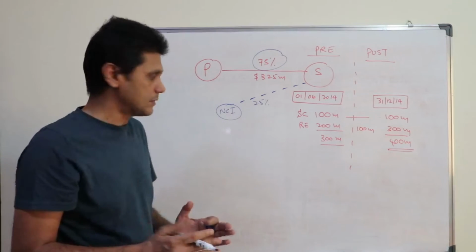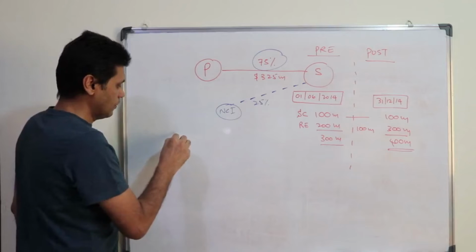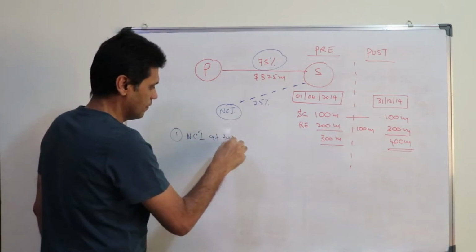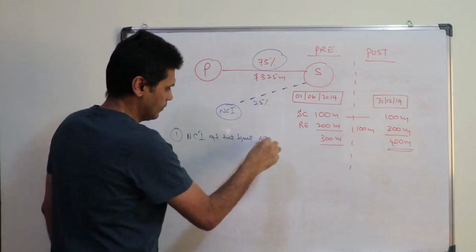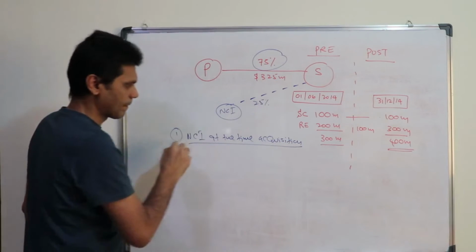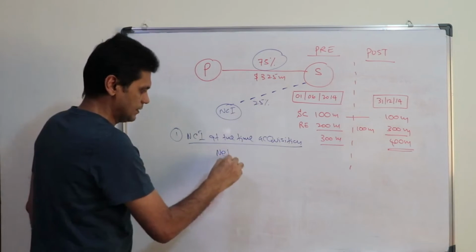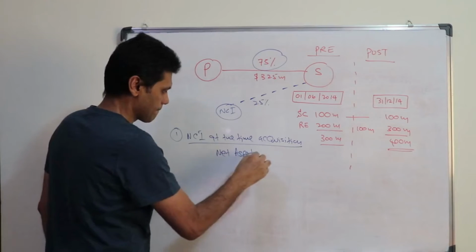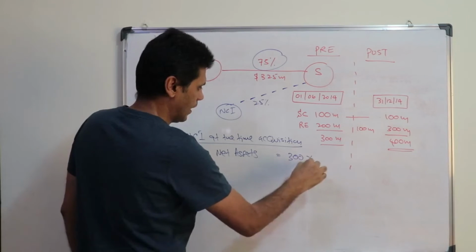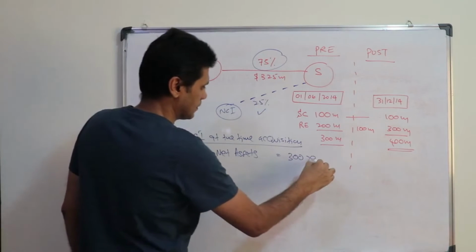So let's calculate this. First of all, the first method: non-controlling interest at the time of acquisition will be, you take the net assets, 300 million times 25%.